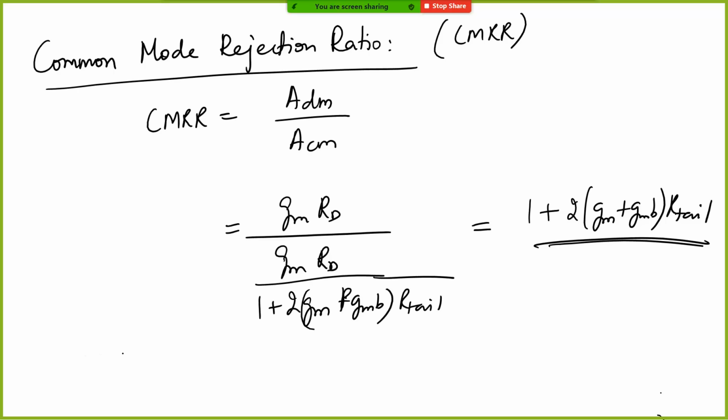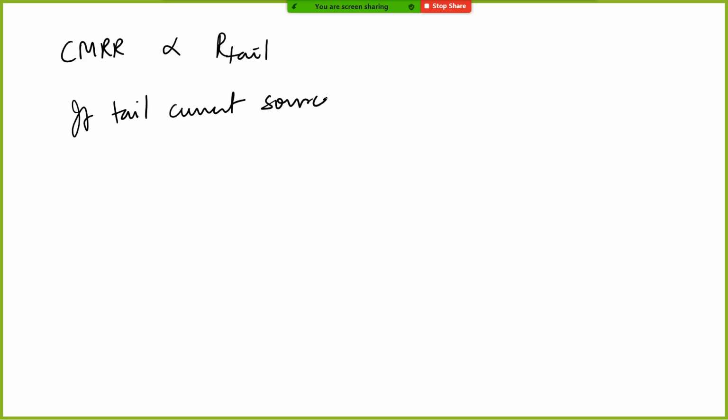CMRR is directly proportional to your RT, correct? In other words, if you go back to the tail current sources which you designed, if you take a MOSFET as a simple current source, its R tail is given by R0.